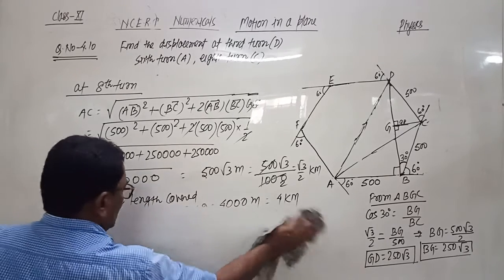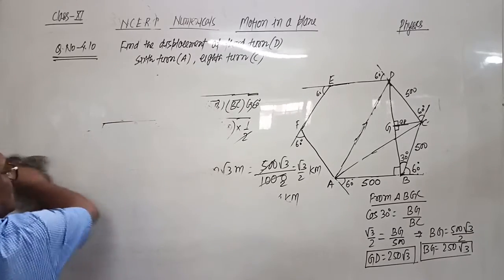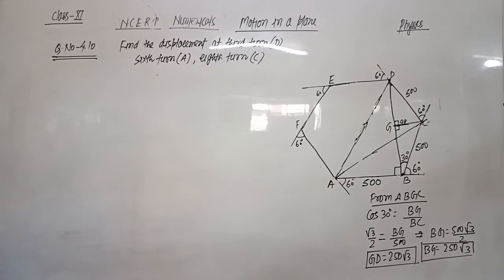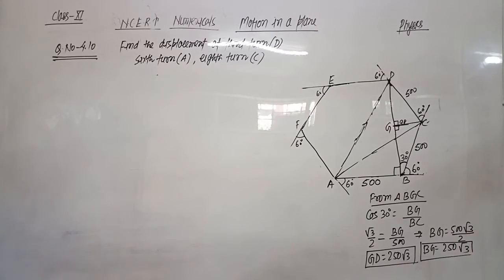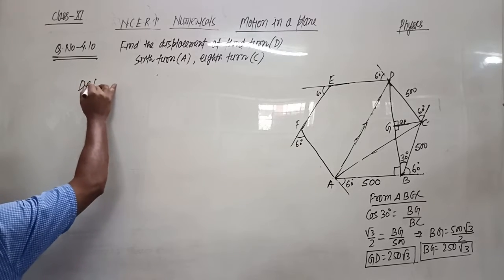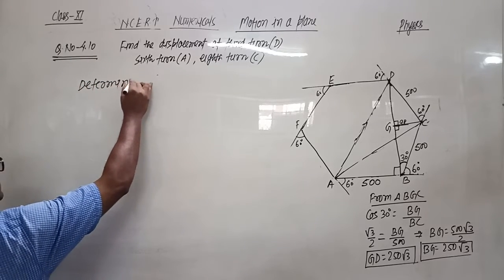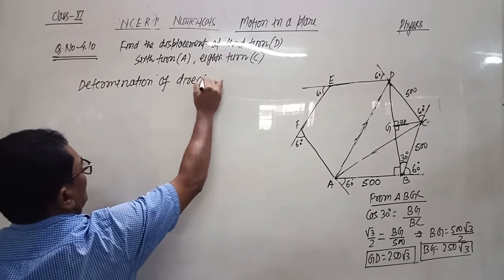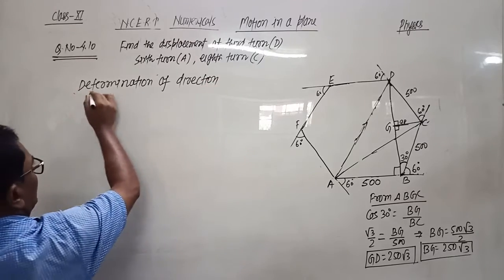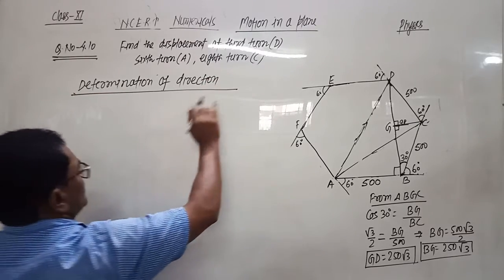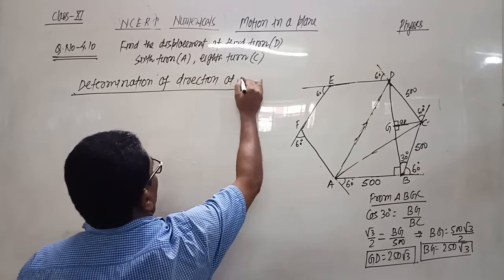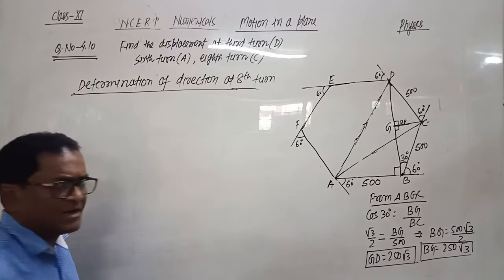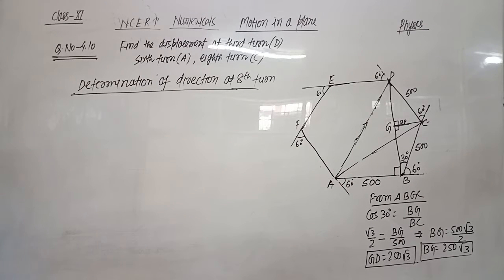To determine the direction at the 8th turn, the resultant at the 8th turn is AC.